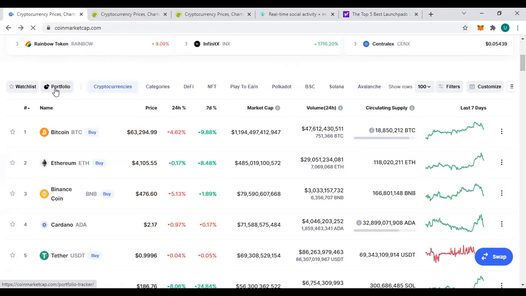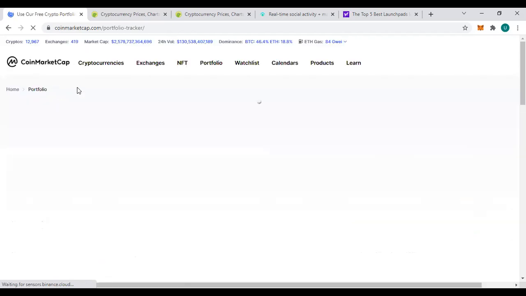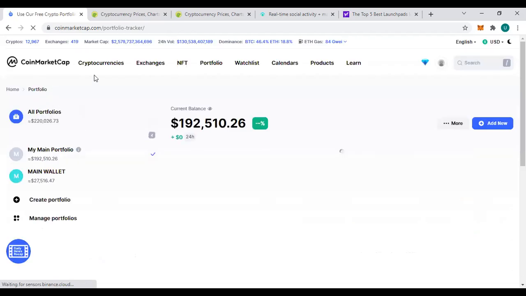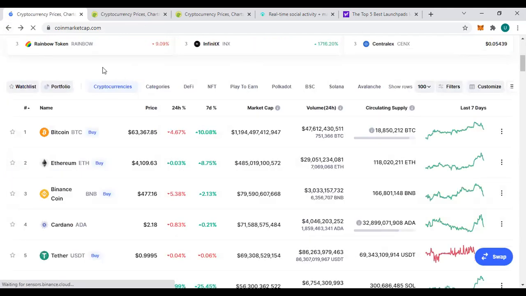If you have 15 BTC, you can come here, create your portfolio, put 15 BTC there, put the amount you bought it at, the current profit you're making, and so on. So you can just click portfolio, check how much money you have in your BTC, like that. So that one is portfolio. You just add the coins there.